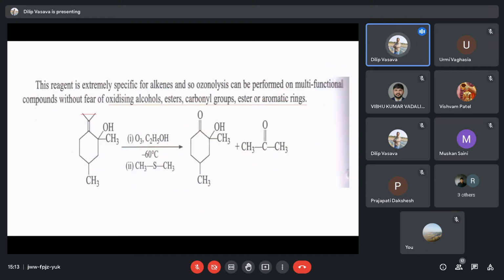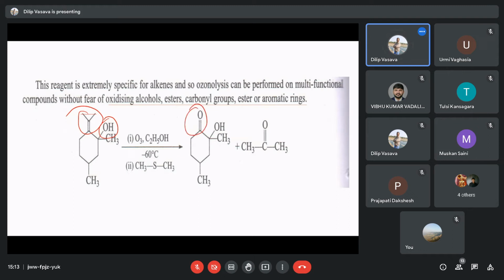Again, another example of the oxidation of an alkene is taken in presence of an OH group, because the OH group can also get oxidized. But here the OH group remains as it is, and only the alkene group is oxidizing, and it gives the ketone.